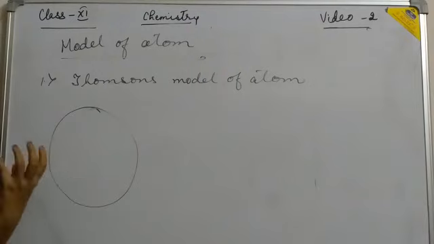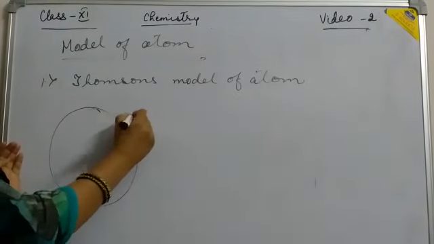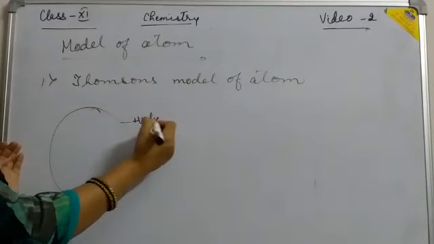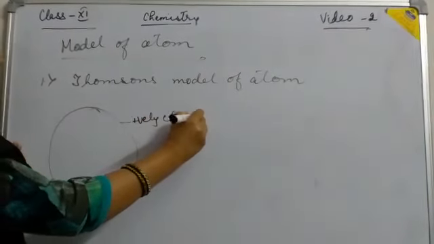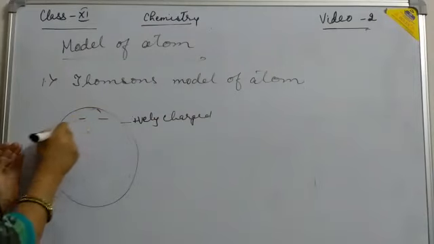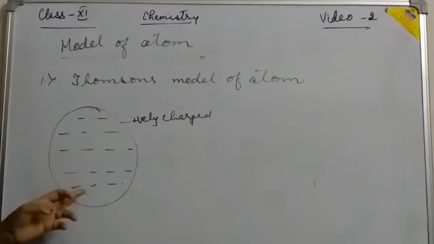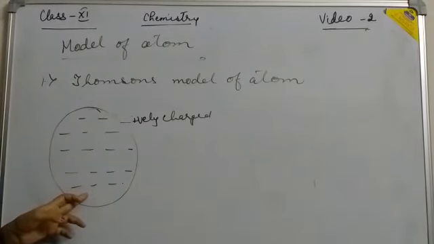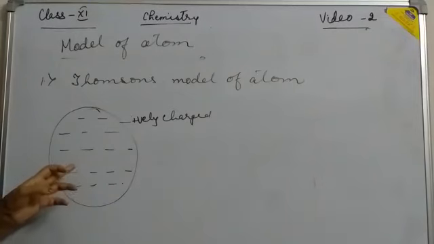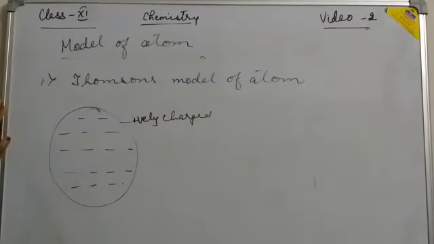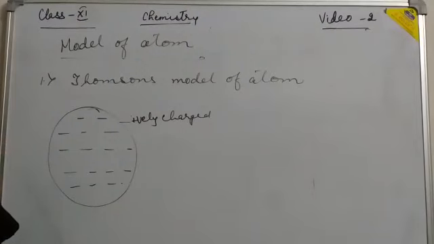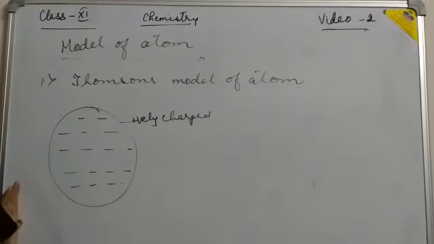So he considered that an atom is a positively charged sphere in which electrons are embedded like plum in the pudding, and the magnitude of negative charge is equal to the magnitude of positive charge. You all know this model of atom, and I am not going to describe it any more, as this is just proposed by J.J. Thomson. There is no experimental proof of this model.